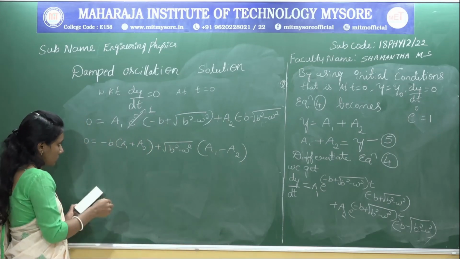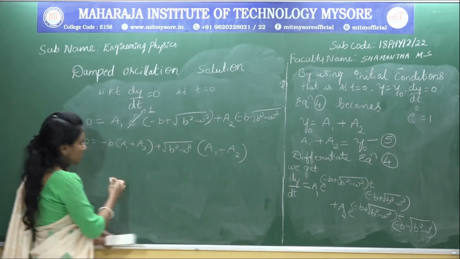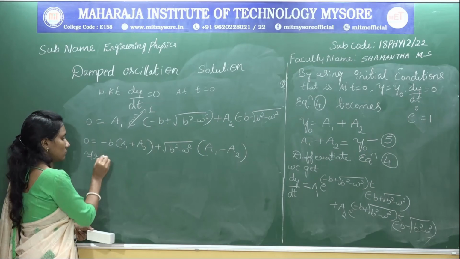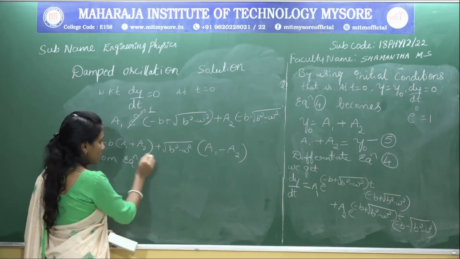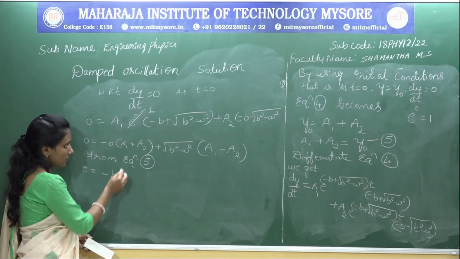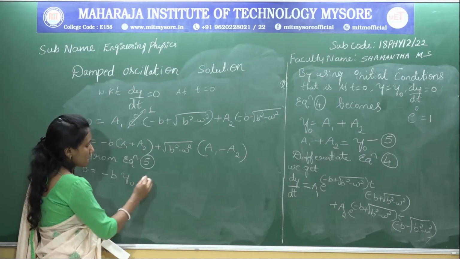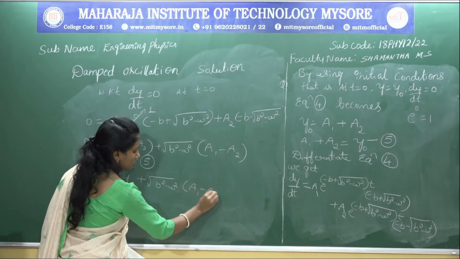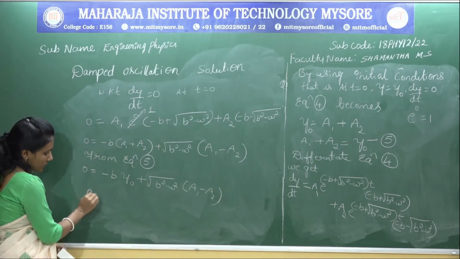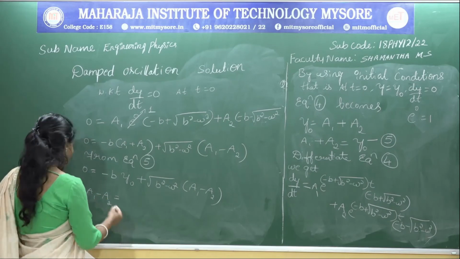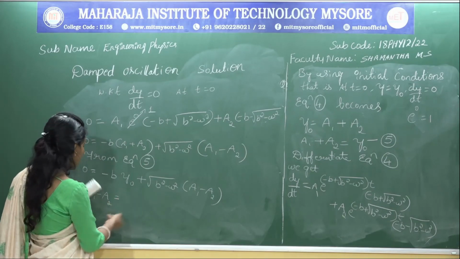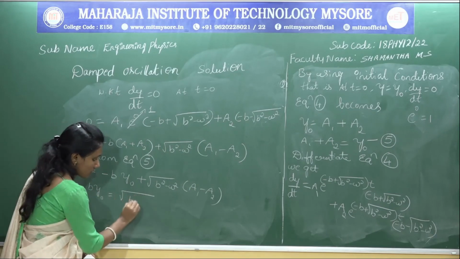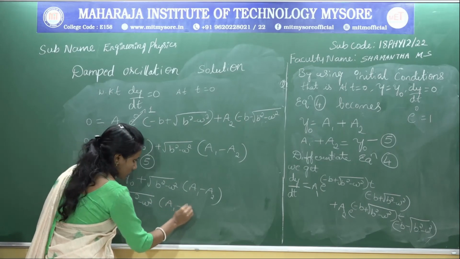Now a1 plus a2 is y naught. So from equation 5, the above equation becomes 0 is equal to minus b y naught plus root of b square minus omega square into a1 minus a2. So b y naught is equal to root of b square minus omega square into a1 minus a2.